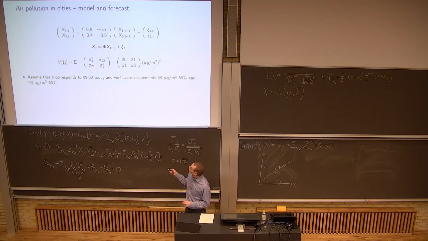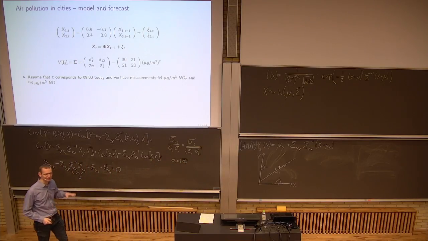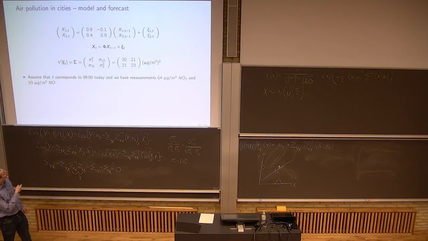So someone then came up with this model. You'll learn how to do that later, but let's just assume that we have this model. To get from a time point to the next time point, we have this matrix to multiply with. So we get roughly the same as before, a little bit less, but then there is a link between the two.